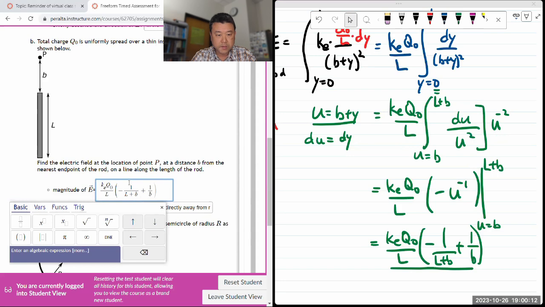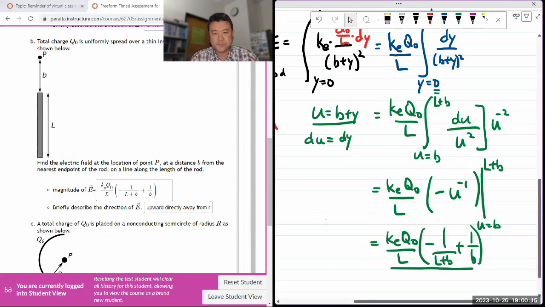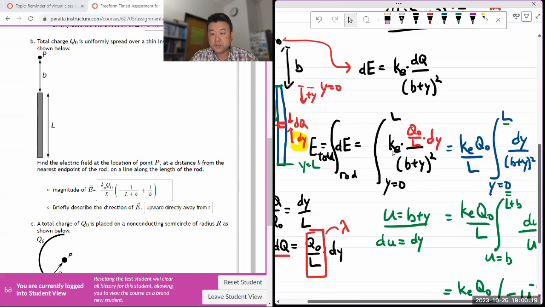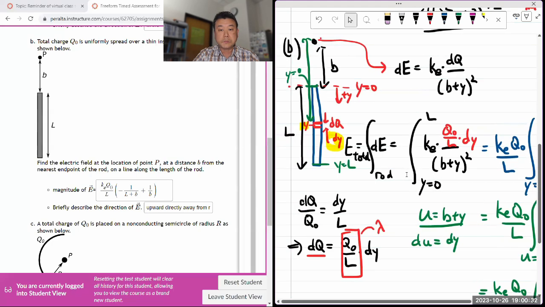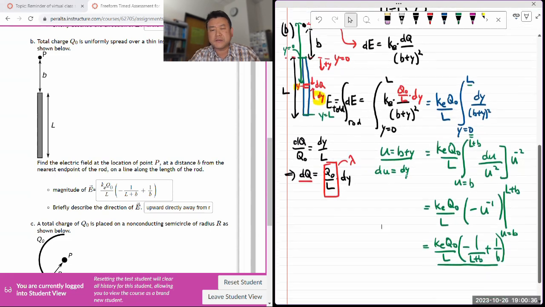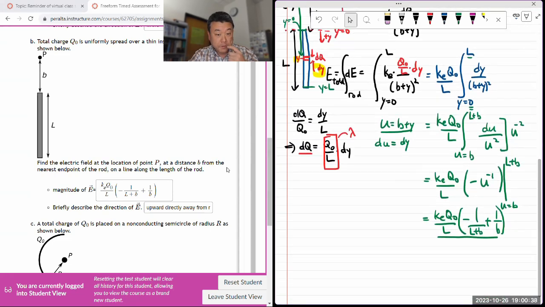I think it came out to be positive because the way I set up my integral up here, this is a positive integrand. So when you integrate from a regular integral with the upper limit being larger, this would be a positive number. So I think I was wrong in thinking it would come out to be negative. So it's all right, got that.